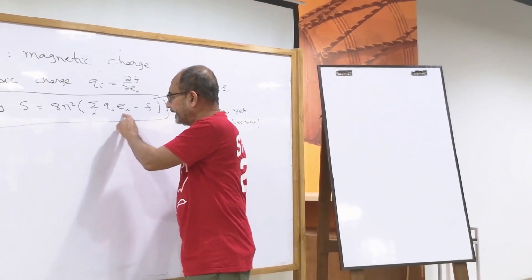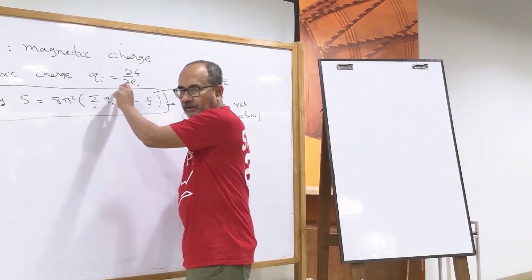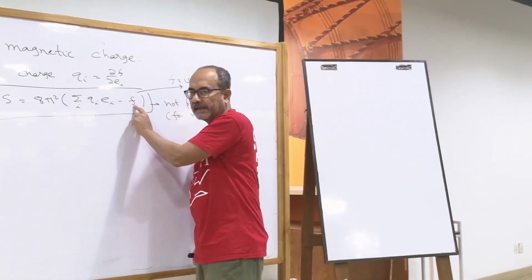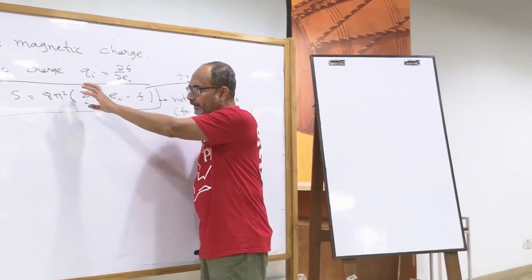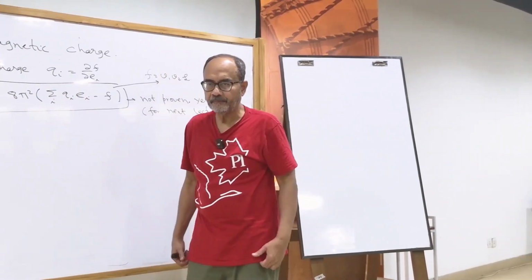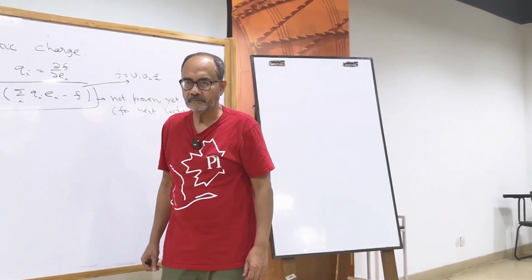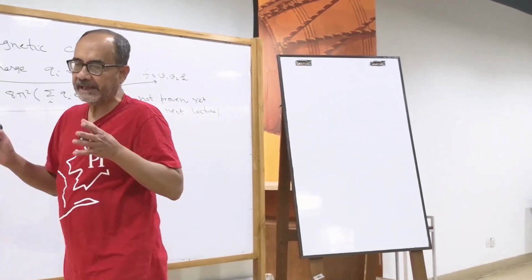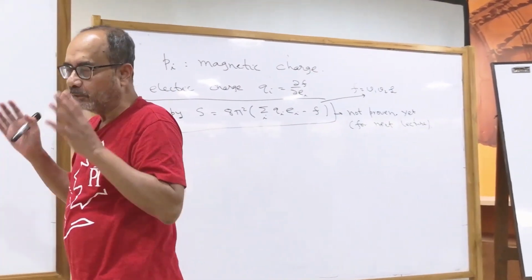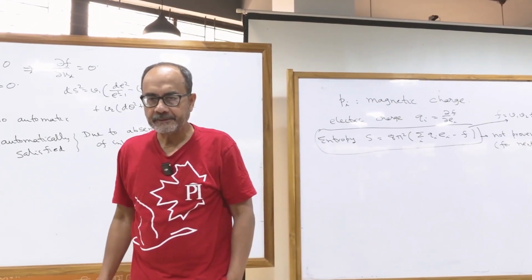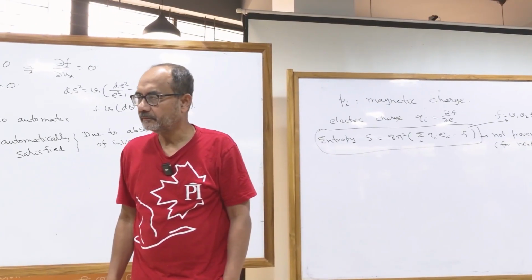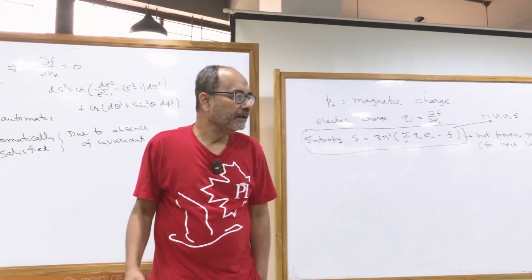Extremizing S with respect to EI gives this equation, because you will get QI equal to del F by del EI. So all the equations that you have to solve are obtained by extremizing S. So you have a function S whose value at its extremum is the entropy. That is the lesson from this. Okay, maybe I will stop and then we will continue.